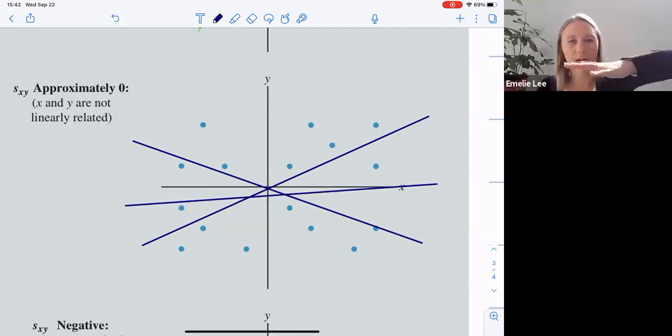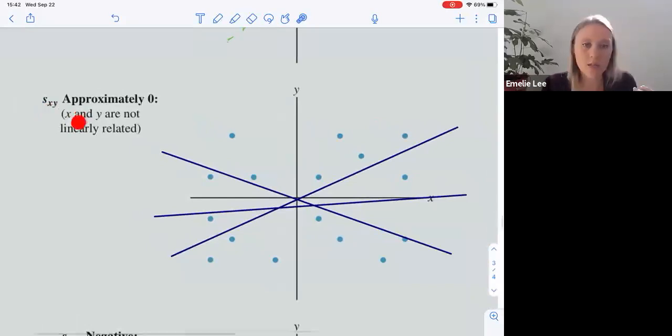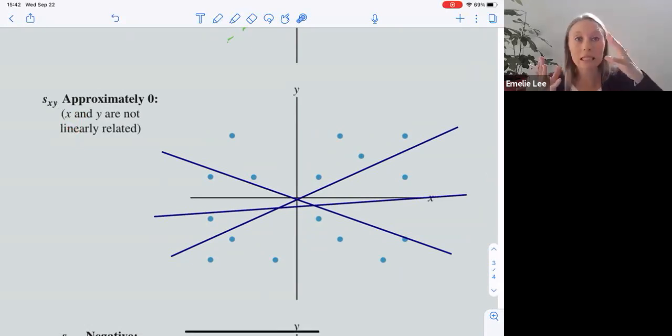So when you're just floating around in a cloud here, how that's numerically shown is that you have a covariance of approximately 0, right? And so there's no clear path for the relationship.